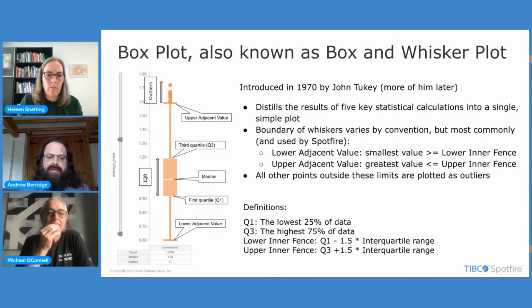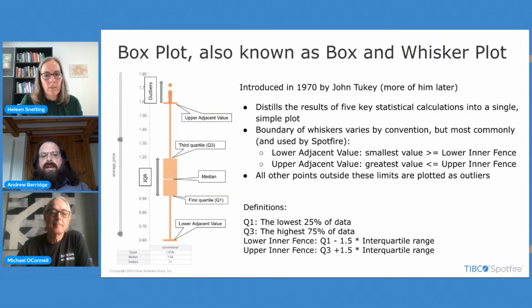We have the lower adjacent value, which is the smallest value that is greater than or equal to the lower inner fence, and the lower inner fence is Q1 minus 1.5 times the interquartile range, and then the similar applies to the upper adjacent value.